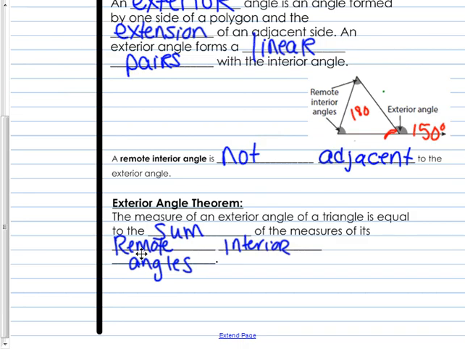Well, 180 minus 150 is 30. That means that interior angle has to be 30. If all three of the angles together are 180, and I know that this one is 30, that means these two together have to be 150 as well. So 150 and 150.